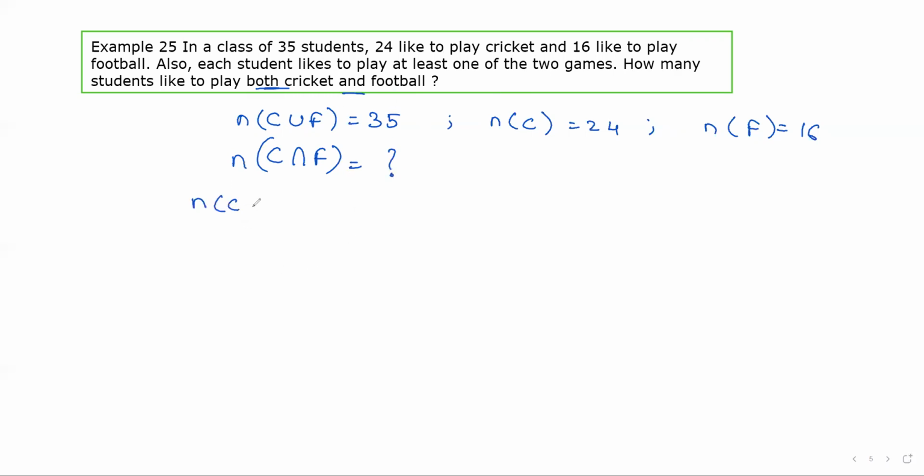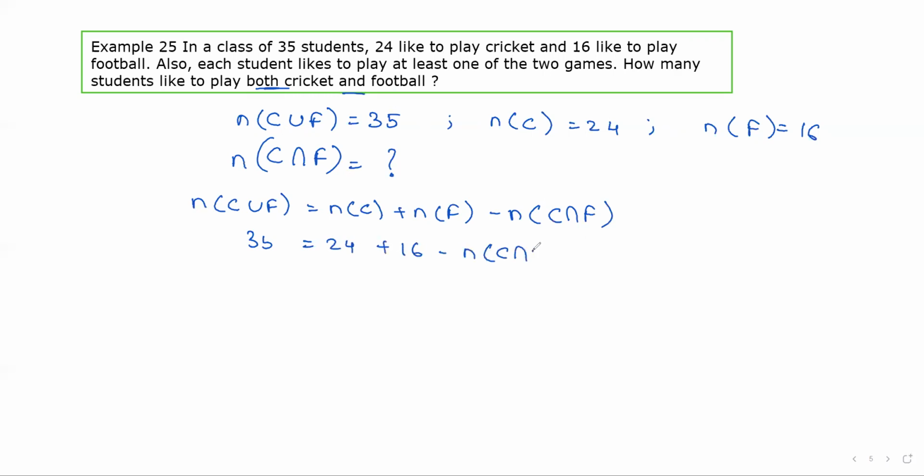Putting it in the formula, N of C union F is equal to N of C plus N of F minus N of C intersection F. This is 35 is equal to 24 plus 16 minus number of C intersection F. Calculating this, we get 40 is equal to 35 plus N of C intersection F. This goes left, this goes right, and you're left with number of C intersection F is equal to 5.